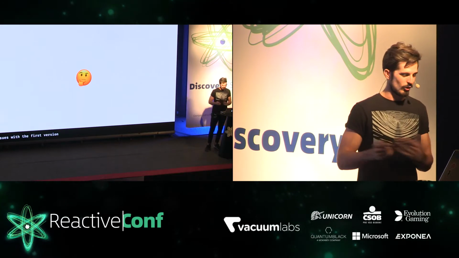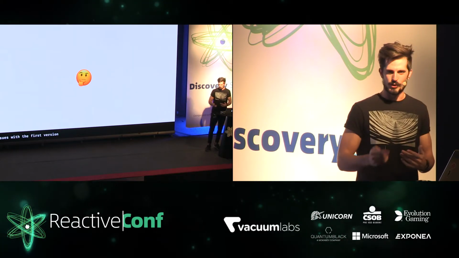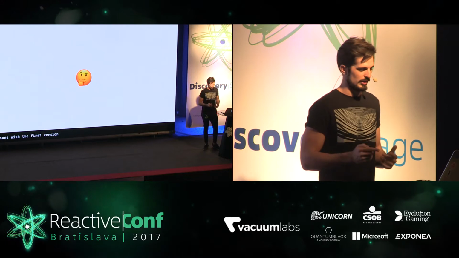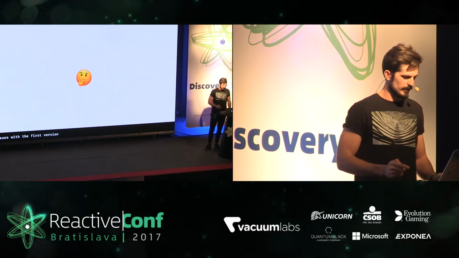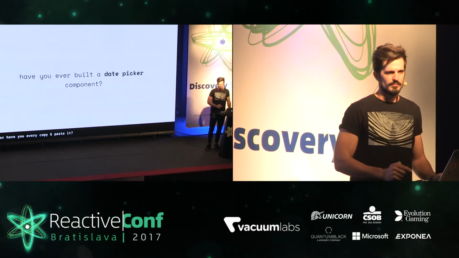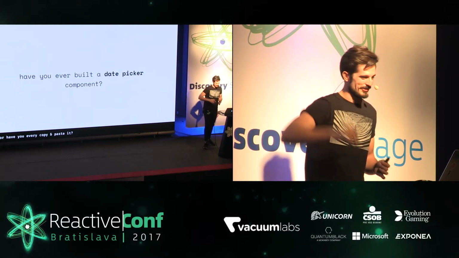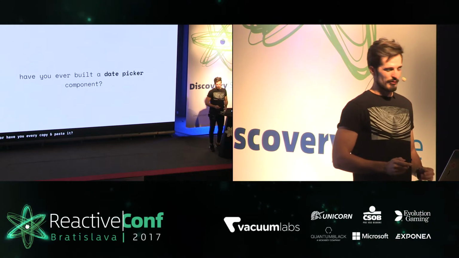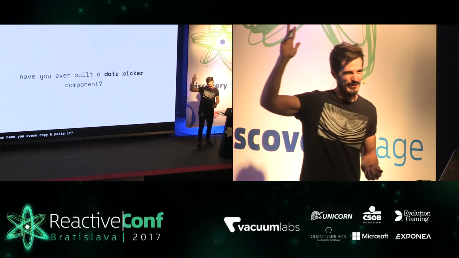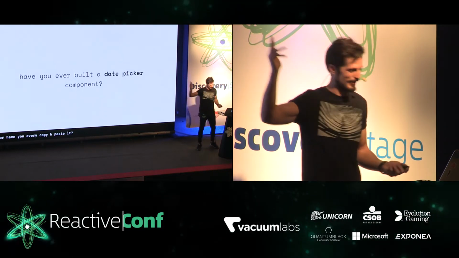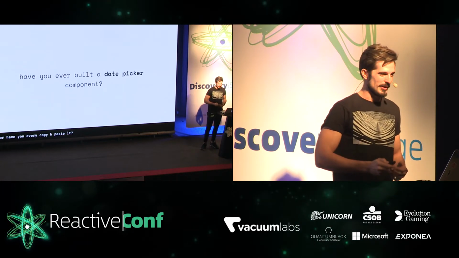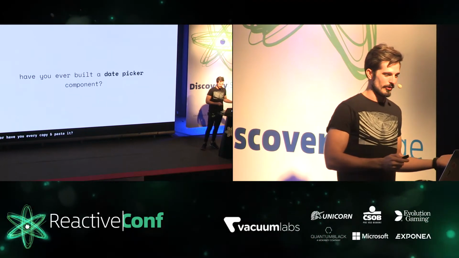We are usually copying code and copy and pasting because we want to change stuff that we can't really change. So have you ever built a date picker component? Anybody? That's a lot of people. Interesting. Or have you ever copied a date picker component when you build your component? Yeah, almost everybody. Because there is a lot of complex logic going on there.